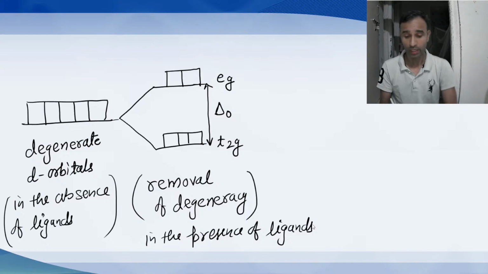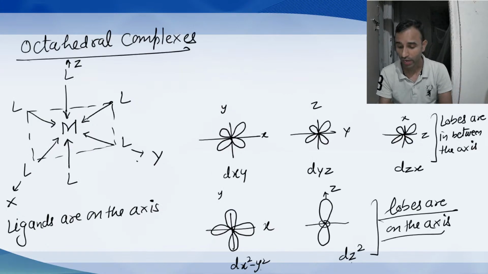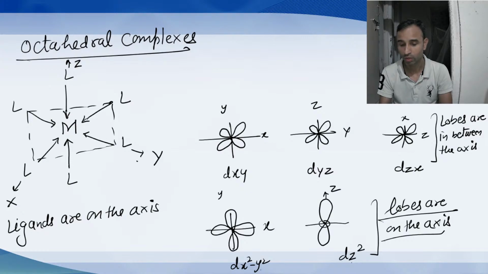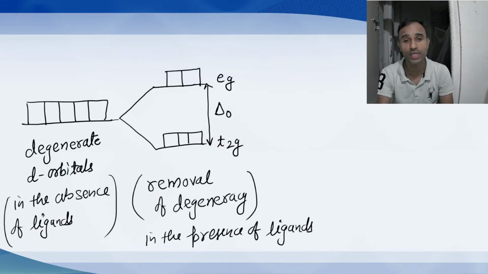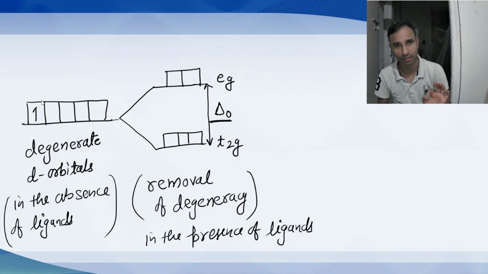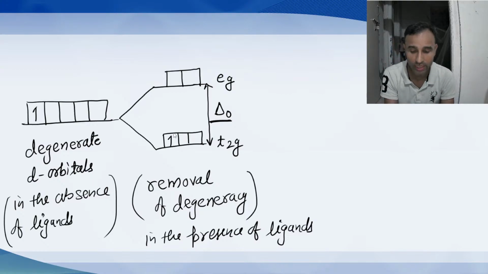Whenever there are unpaired electrons, because of this energy difference, which lies in the visible region, let us say there is only one electron, T1, in the T2G.